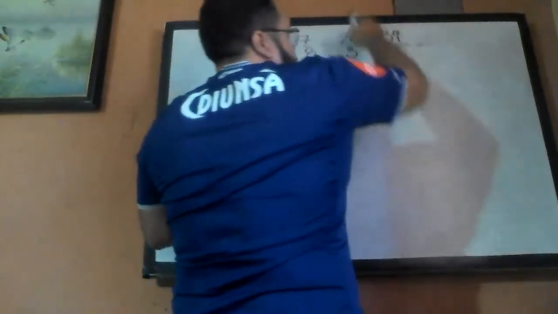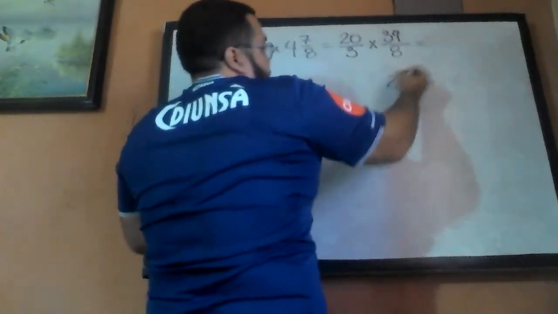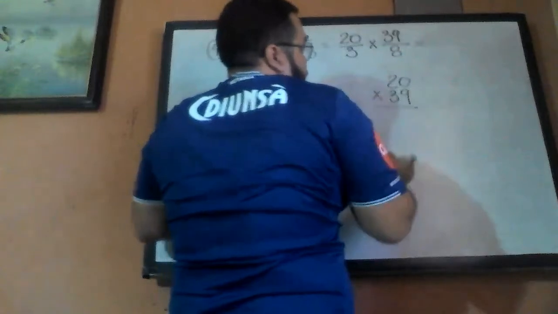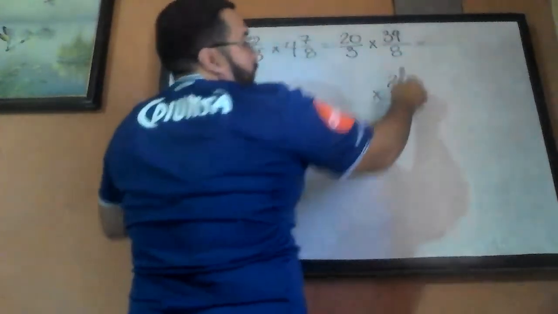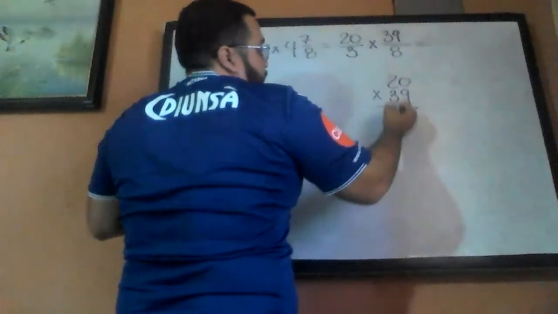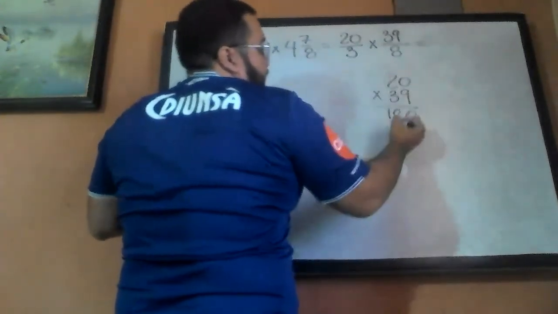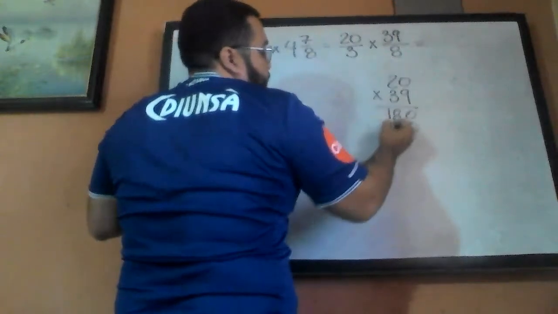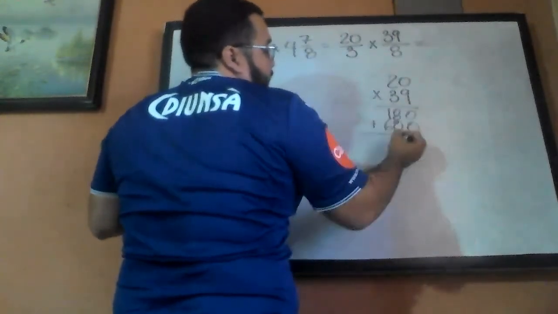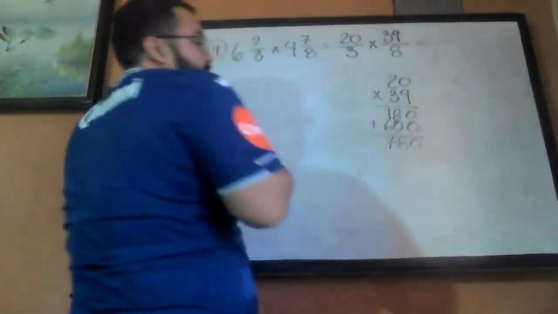Okay, we're going to do this apart. 20 times 39. 9 times 0, 0. 9 times 2, 18. Go down below, write a 0. 3 times 0, 0. 3 times 2, 6. Now let's add. 0 plus 0, 0. 8 plus 0, 8. 1 plus 6, 7.